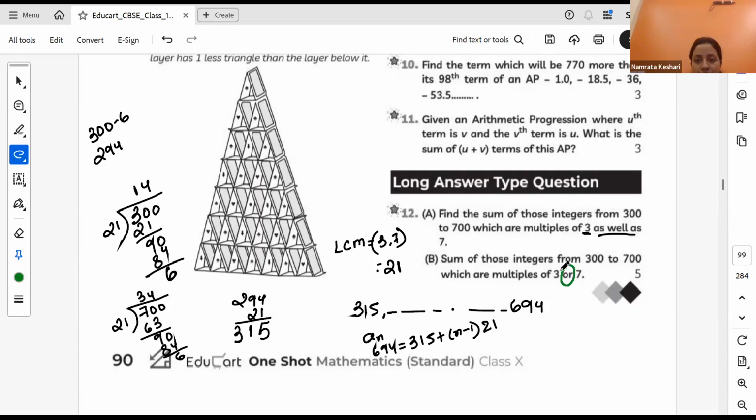Why? Because it has already said that we have to find the sum of the multiples of 3 and 7 between 300 and 700.